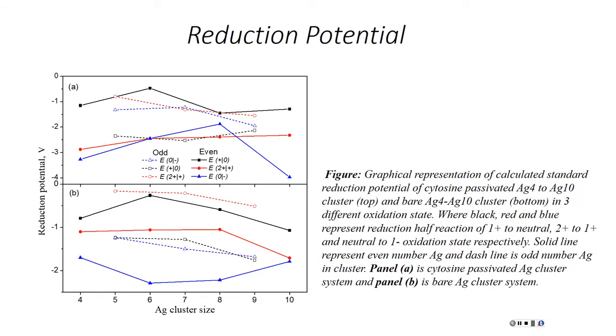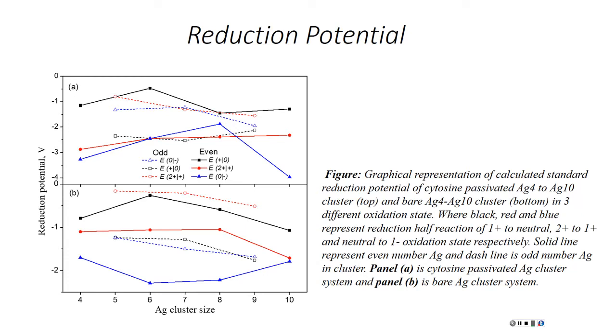In many cases in the literature, they reported that for larger silver clusters, higher than 30 or 40 atoms, they don't have a significant doublet alternating effect. They show similar reduction potentials.